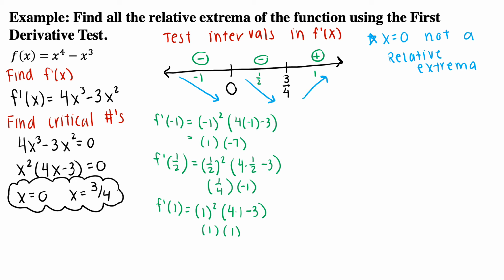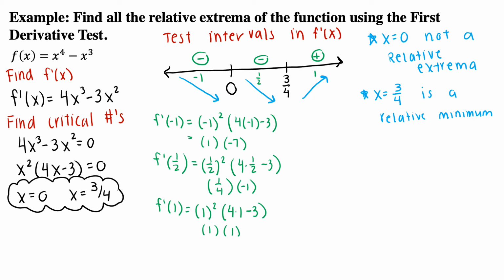But then we're increasing on our last interval. So at x equals 3/4, our derivative changed from negative to positive, which means we have a relative minimum because our function was decreasing and then changed to increasing.